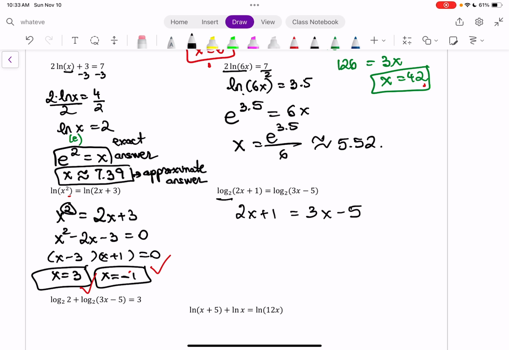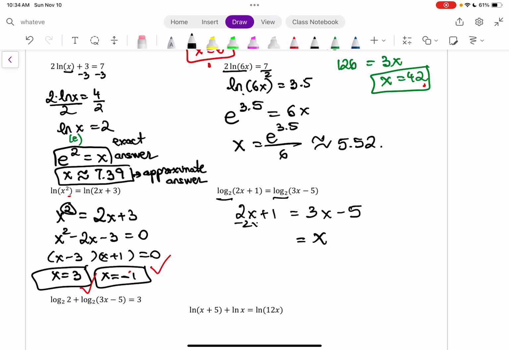Same thing, see how log with base 2 equals log with base 2? You actually put a base 2 under each of these logs, and that makes them go away. So the point is that the insides are going to equal each other.